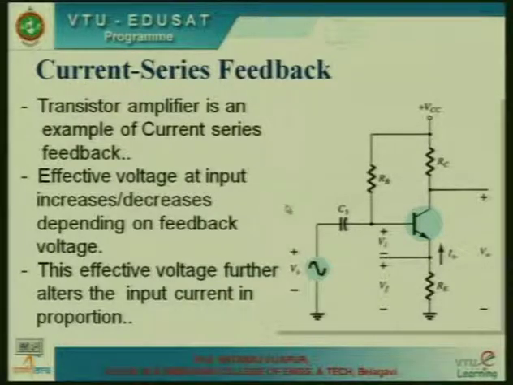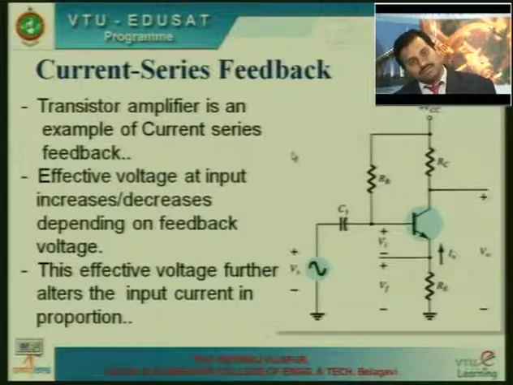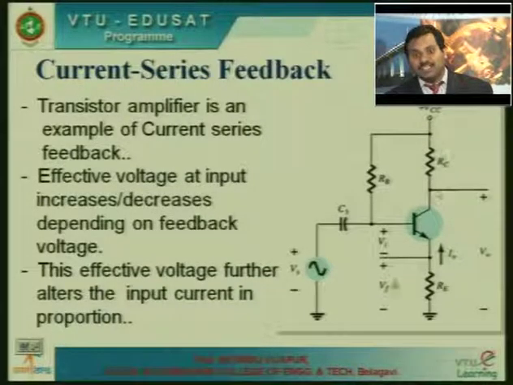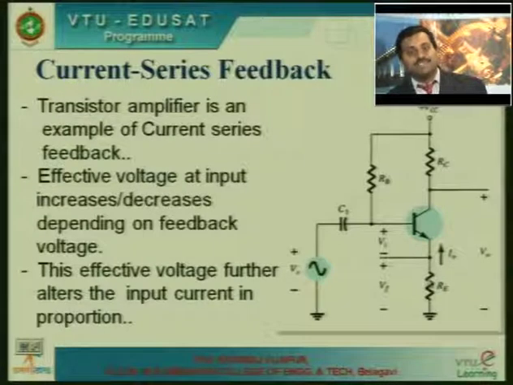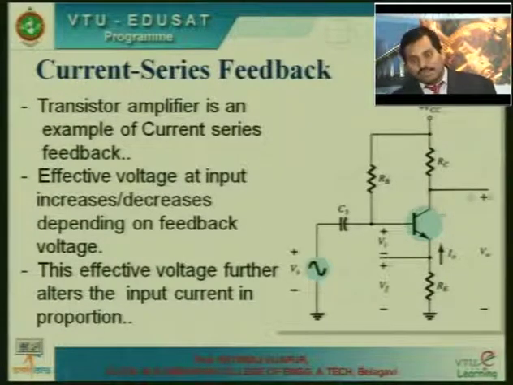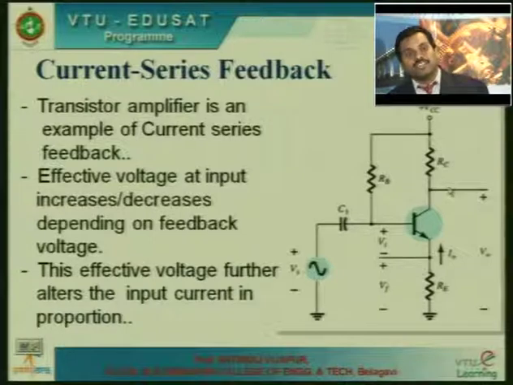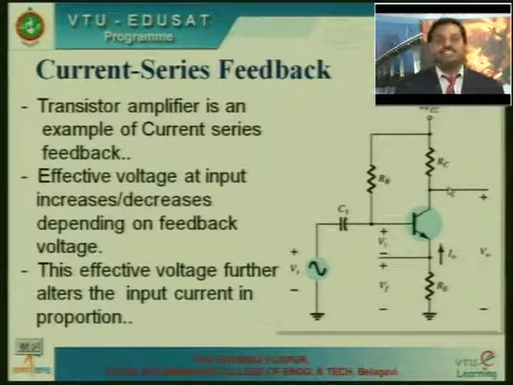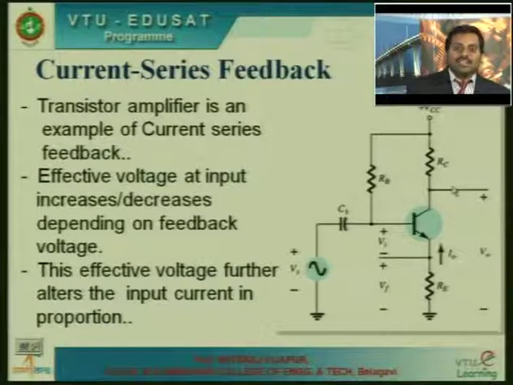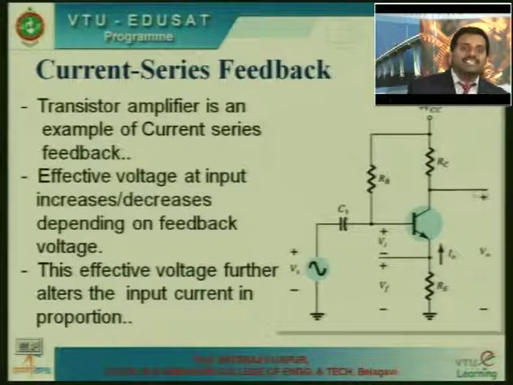In the voltage series feedback we discussed the emitter follower circuitry because the voltage was taken across the emitter. Now the voltage is taken across the collector, so it is a common emitter configuration. Base is input and collector is output.